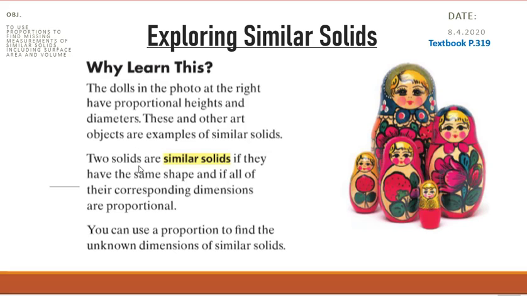Two solids are similar solids if they have the same shape and if all of their corresponding dimensions are proportional. So we have here two similar solids if they have the same shape and the corresponding dimensions are proportional.